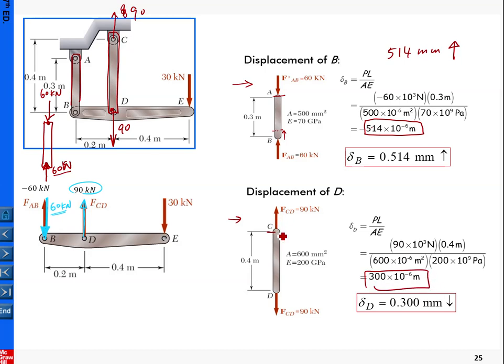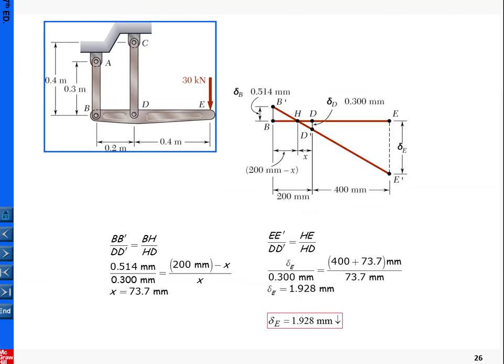Because point C is pinned and fixed against the wall, this brings up this calculation, and the deformation is downward. With this magnitude, remind yourself that the displacement is downward, and displacement B is upward. We'll look into the next slides.